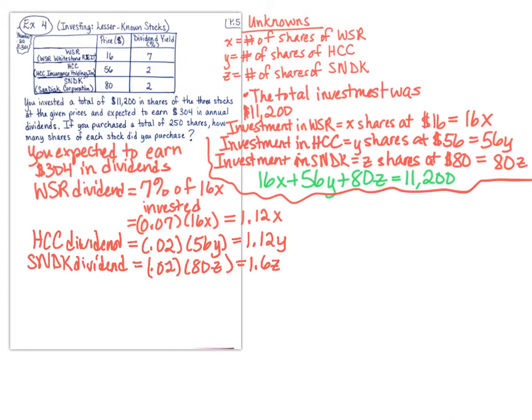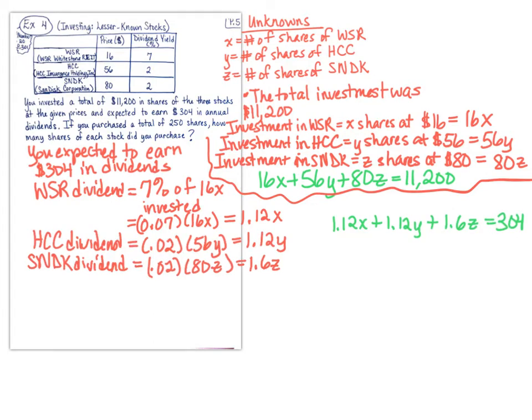So all of that to say, what is your equation? You have to talk loud, please. 1.12X plus 1.12Y plus 1.6Z equals 304. Good. That's that equation.